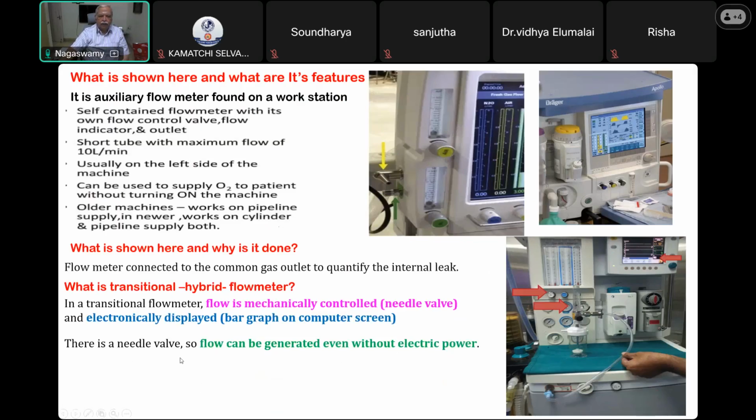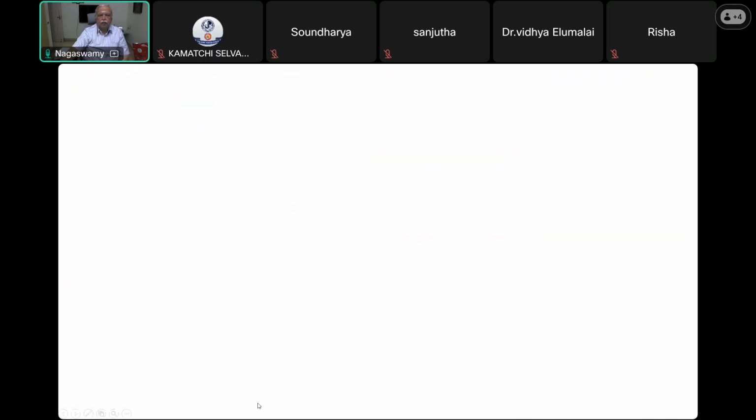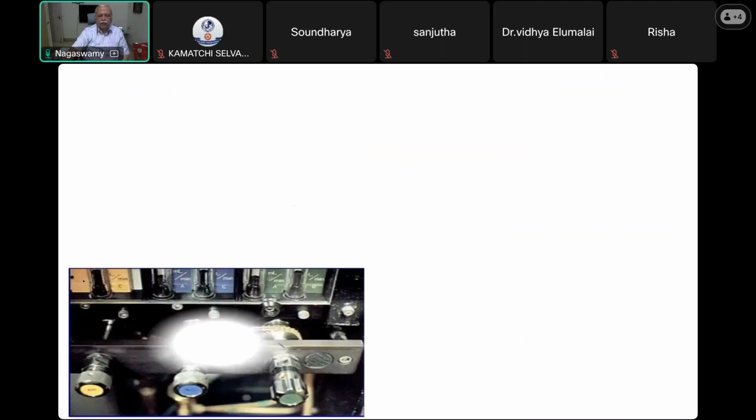There is a needle valve, so flow can be generated even without electric power. That is the reason for this transitional hybrid flow meter. Flows are captured and displayed electronically. So the electronic flow meters allow automated anesthesia record keepers to chart fresh gas flows. These are some of the newer things that are developing.